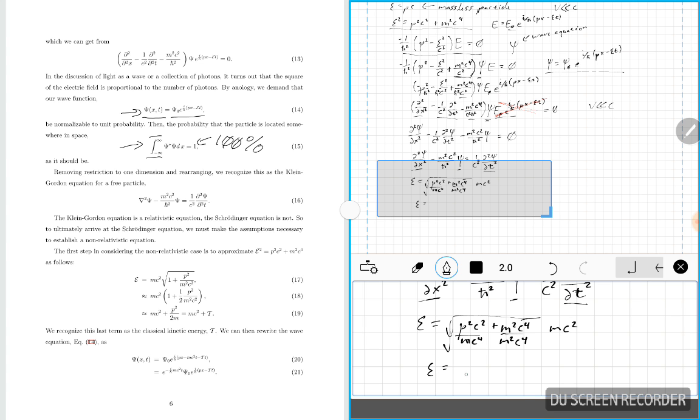So what I get is energy equals mc squared times the square root of 1 plus p squared over m squared c squared, which you might recognize as gamma, or 1 over gamma, because that'd be 1 minus v squared over c squared.